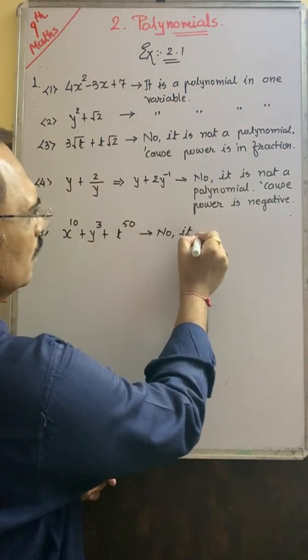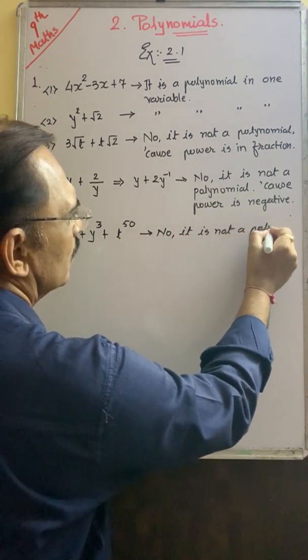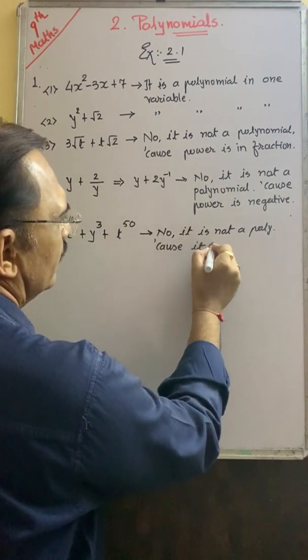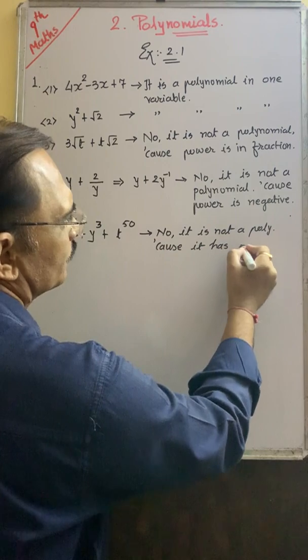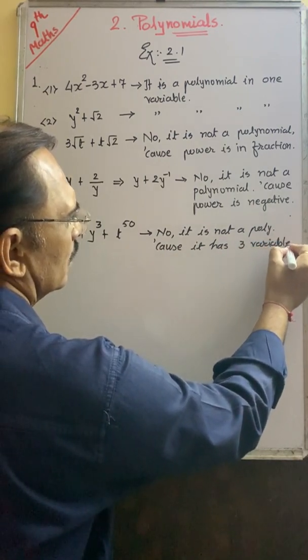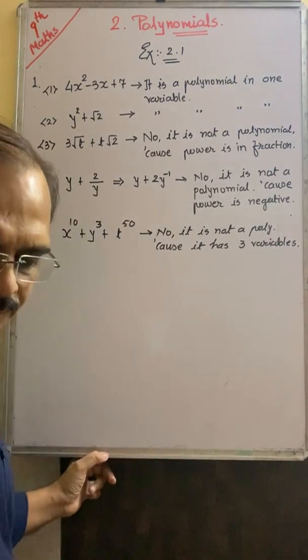No, it is not a polynomial, because the expression has 3 variables. Is it okay? Very simple question and simple answer.